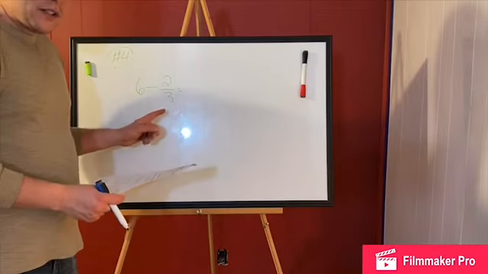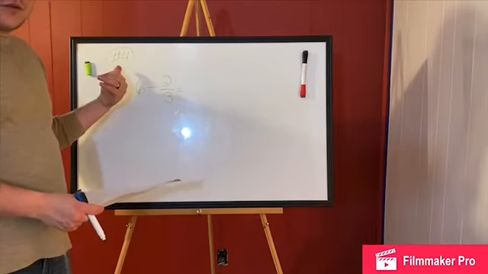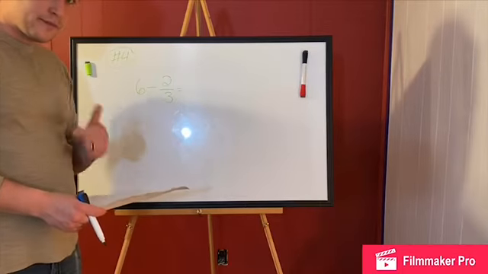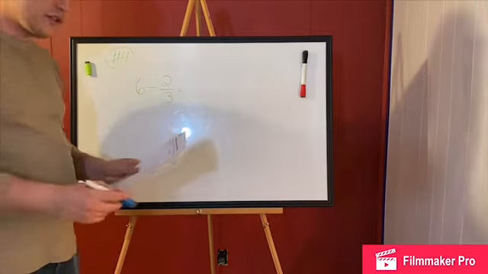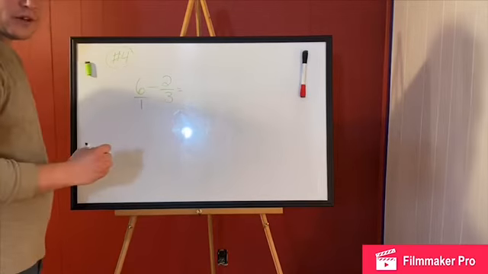All right, so let's take a look at the last one that we're going to do together on the front, and that is number 4. It is 6 divided by 2/3. So let's first make 6 a fraction. So 6/1.